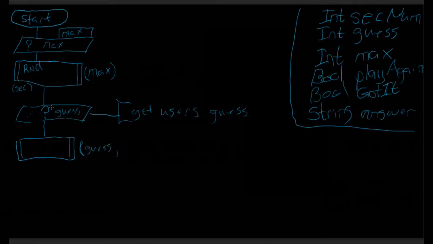We're also going to have to pass in the secret number. And finally, we're going to have to pass in this Boolean of got it. So we have to pass in those three things, and what we're going to expect back is the result of whether we got the answer or not, right? So we're going to return got it.